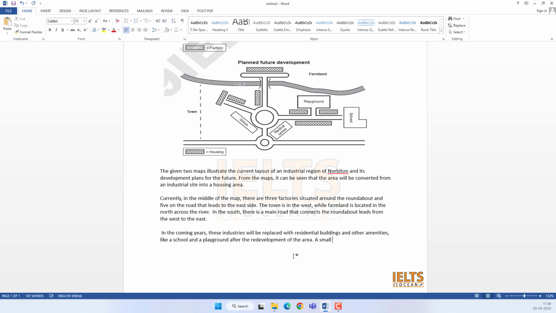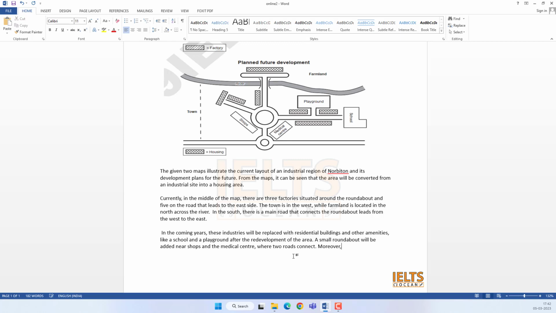A small roundabout will be added near the shop and the medical center where two roads connect.